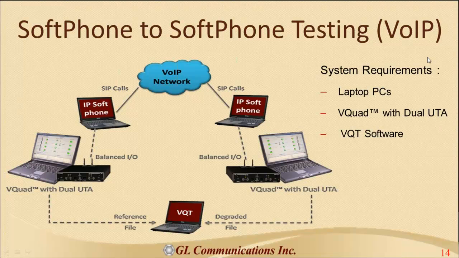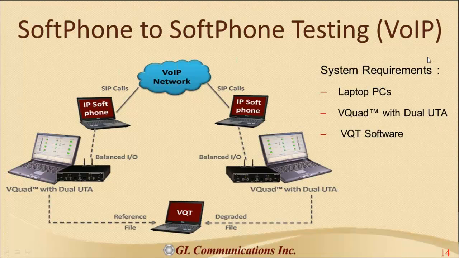So the main thing that we're trying to point out with these three slides, and this is just three examples, as I mentioned earlier, is that we can be anything on either side of a call. One side could be wireless, the other side could be 2-wire or 4-wire, soft phone, what have you.